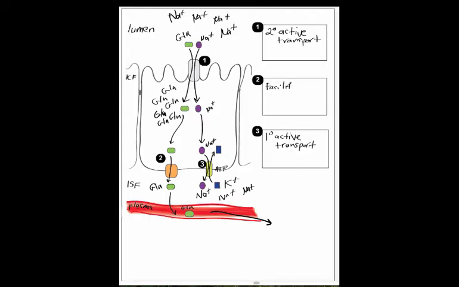So we have a solute following its concentration gradient, facilitated. It's facilitated diffusion because it requires a transport protein to cross the membrane. If it didn't require any type of transport protein, we would call it simple diffusion.